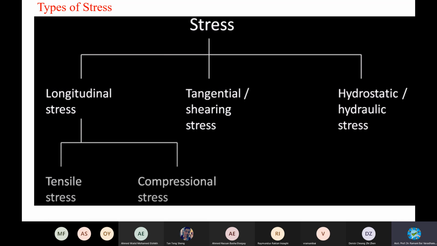If it cannot bear, the strength is low compared to the working stress or design stress, it will tend to fail. How does it fail? In a longitudinal direction, in a length or width or depth direction. That might be increasing is tensile, decreasing is compression, and then tangential over the layer.